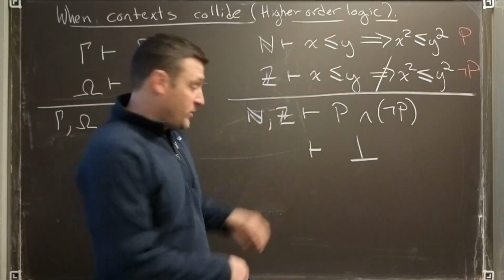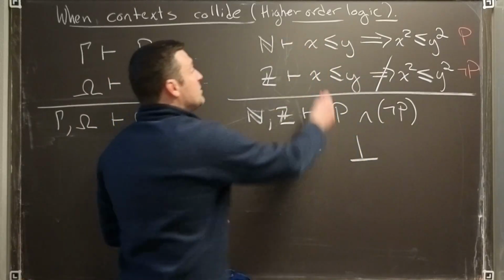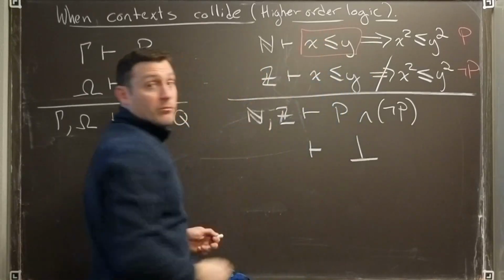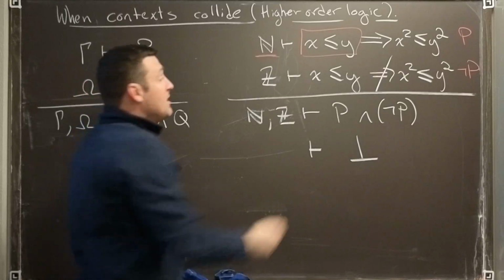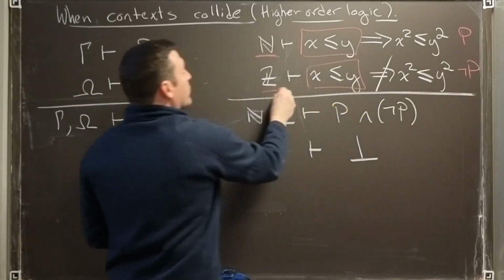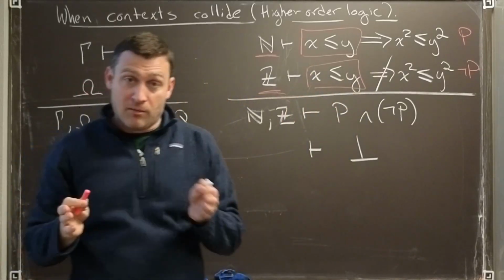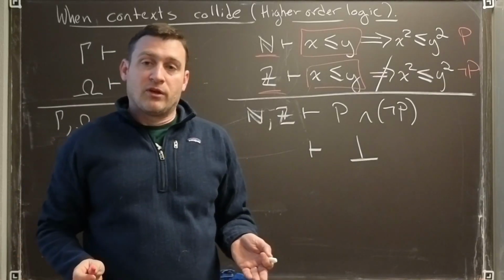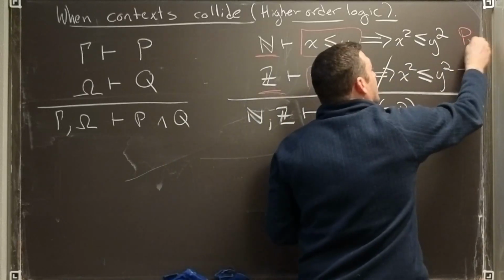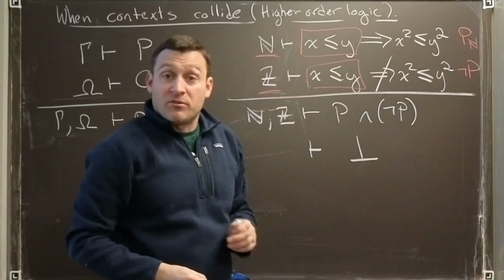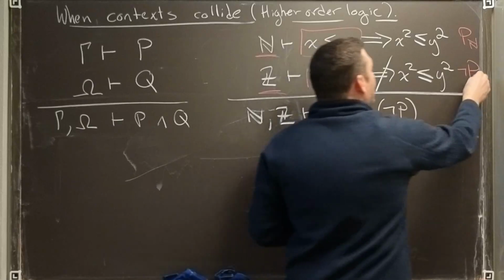In this context, we can see what the thing to do is. We should say that these variables, x and y, only belong to the natural numbers. And these variables, on the other hand, only belong to the integers. By separating them out, we now realize there's no conflict. What we'll have is a proposition which is only about natural numbers, and a second proposition which is only about integers.